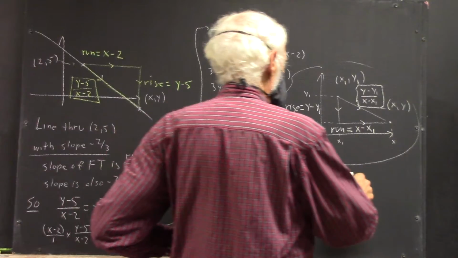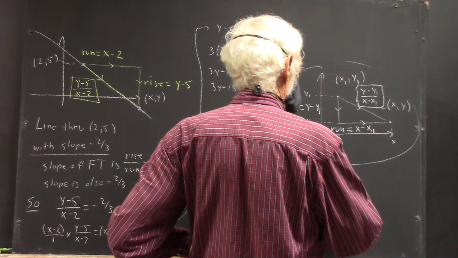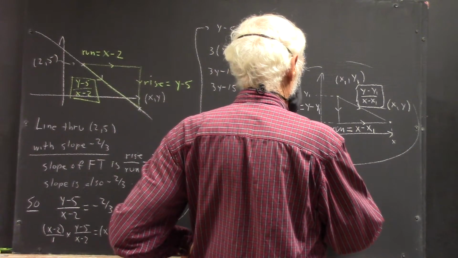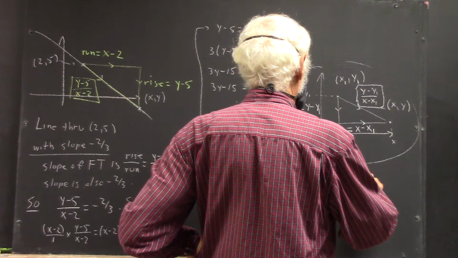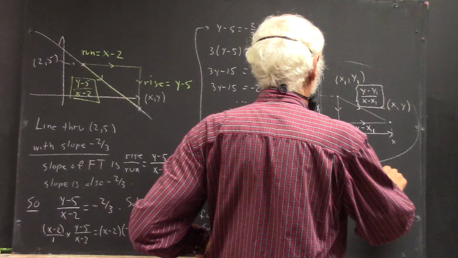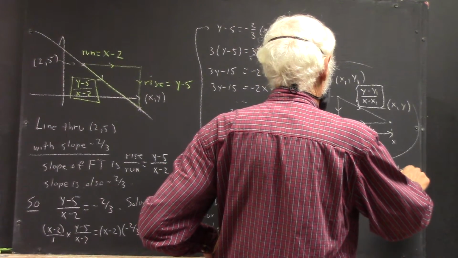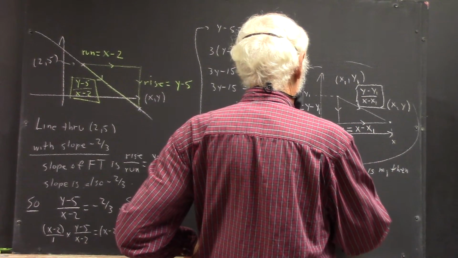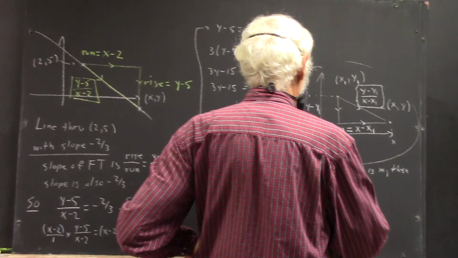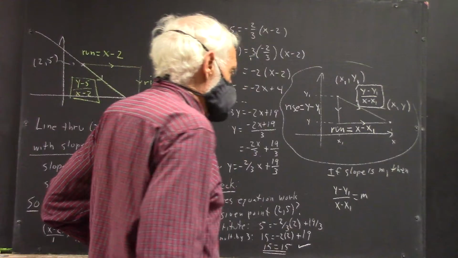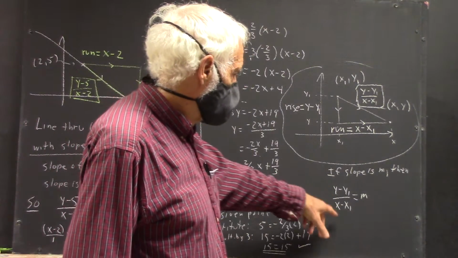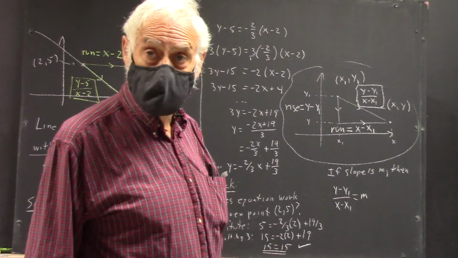So if the slope is m, then y minus y1 over x minus x1 equals m, right?